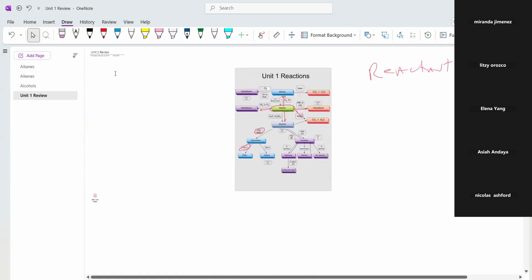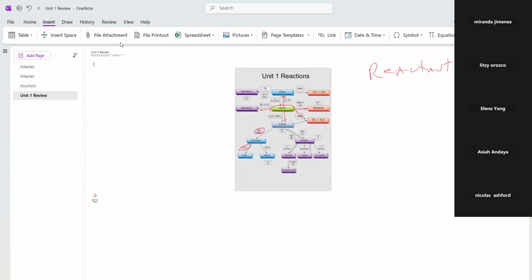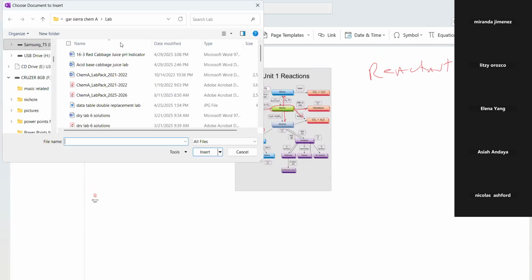Okay, so what I'm going to do now is load one of them. Which one did you print?